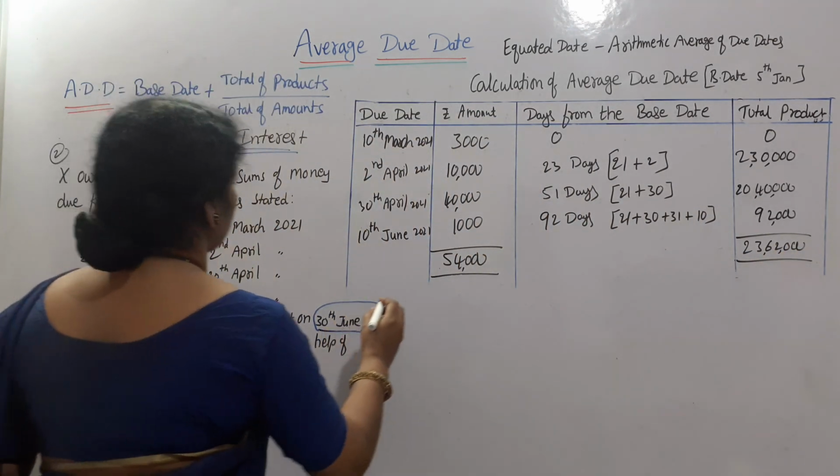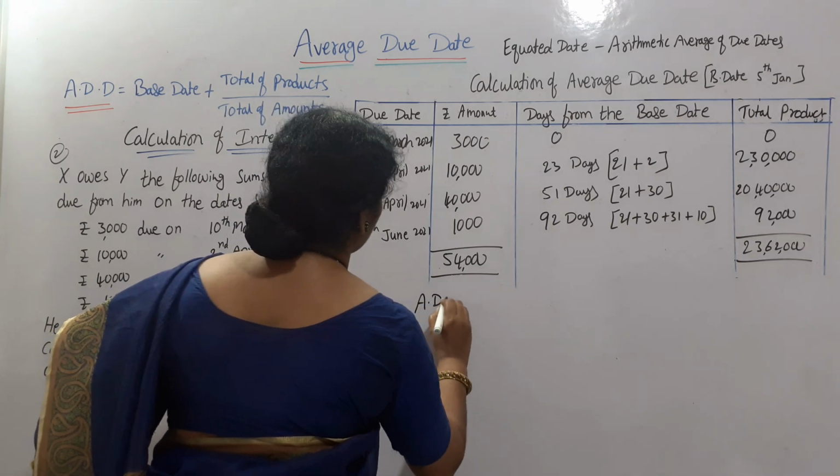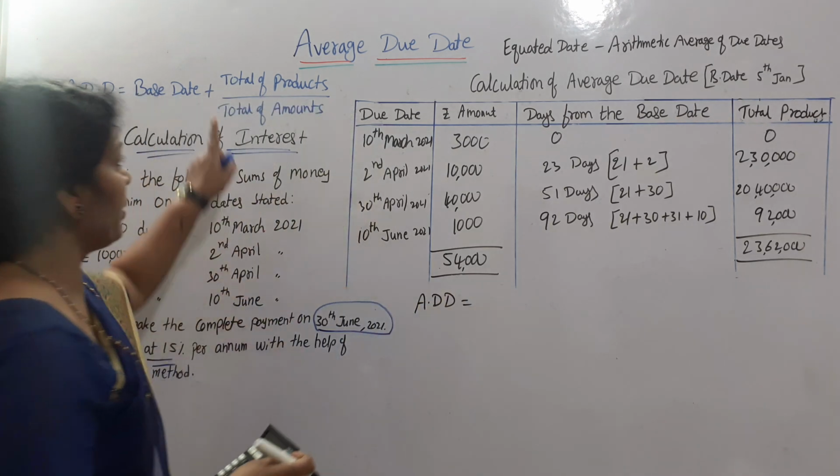Now what we'll do: average due date. Average due date is equal to, the formula is the same one.